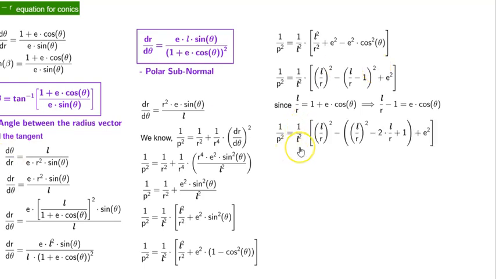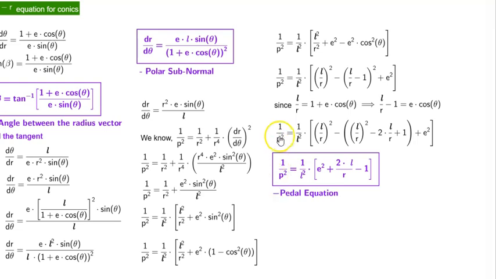1 by P square is equal to 1 by L square times L by R square minus, taking care of the squaring of this, we get L by R square minus 2L by R plus 1 plus E square. So finally we get 1 by P square is equal to 1 by L square times, these two get cancelled out, minus into minus plus 2L by R, minus into plus minus 1 plus E square.